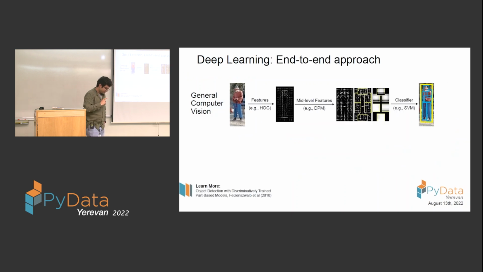If I go through the pre-deep learning models, let's say we had some input images, and what we were doing was feature extraction on top of these images.